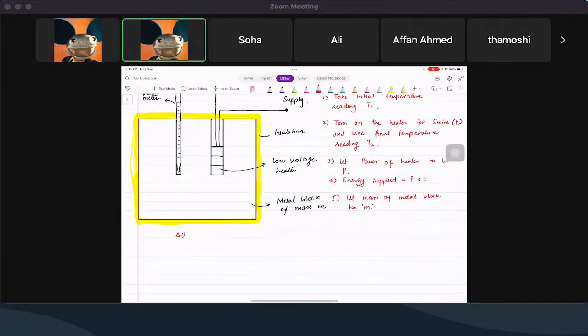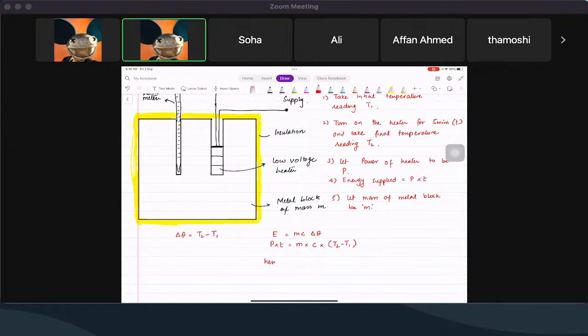Delta theta is going to be the change in temperature, T2 minus T1, and we can now use the equation: power times time, basically energy equals m c delta theta. So power times time equals m times specific heat capacity times (T2 minus T1).